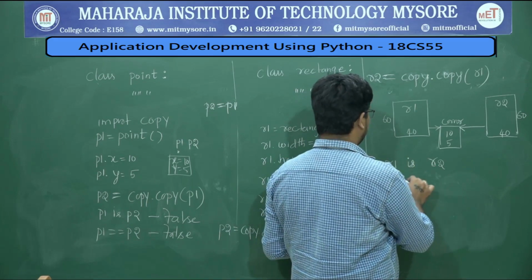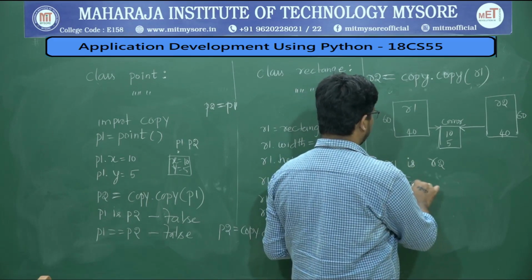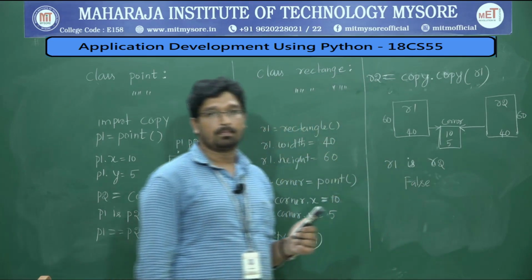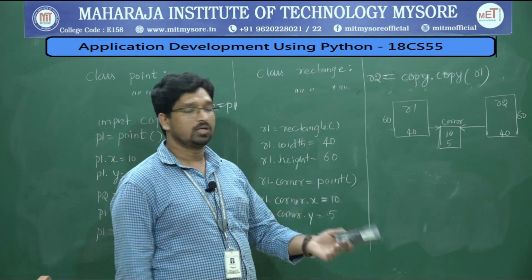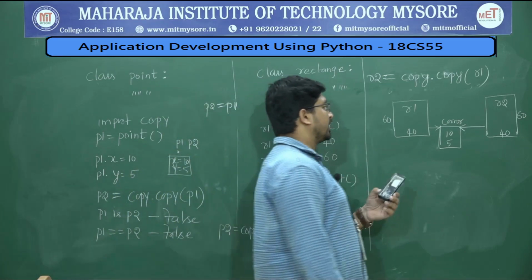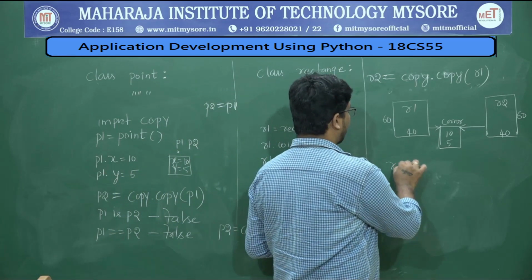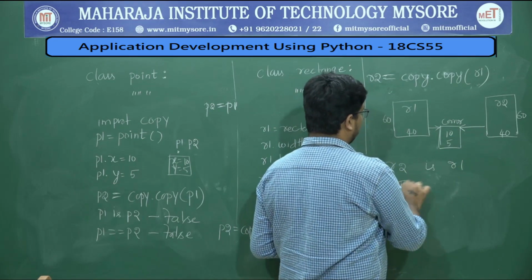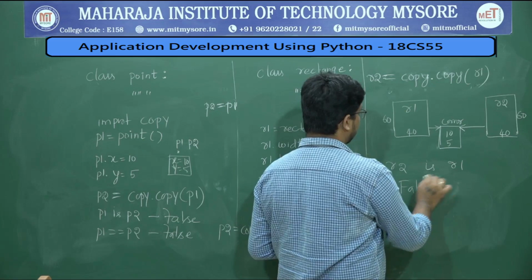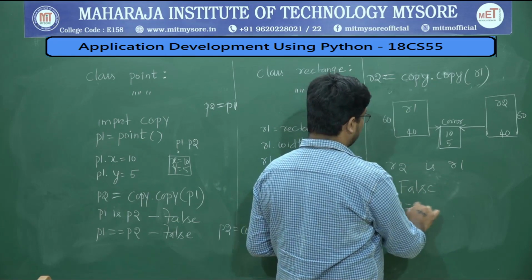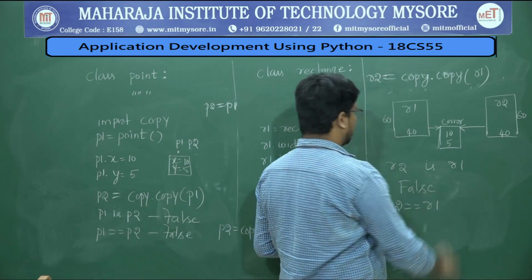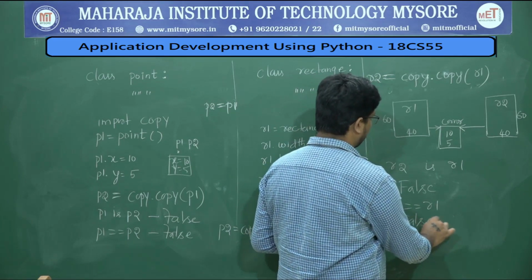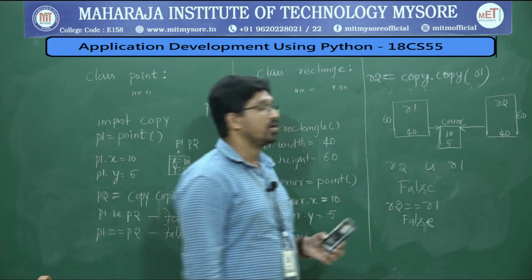Again, if you want to check whether R1 is R2, you will get false as a result. Both are not the same, so we have two objects. If you check whether R2 is R1, you will get false as a result, because it's a normal copy.